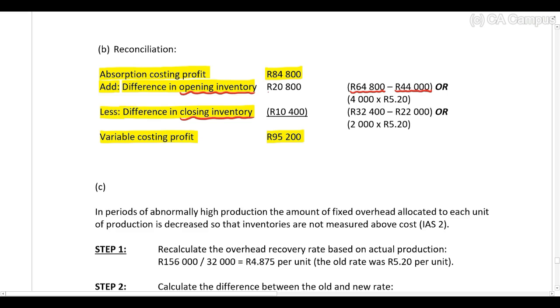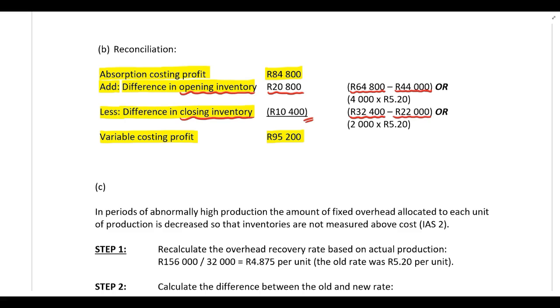Get the difference between the two. Then the same thing for closing inventory. That is my closing inventory value as per my absorption costing statement. Deduct the closing inventory value as per your variable costing statement and get the difference in your closing inventory. And you will then see that that reconciles.